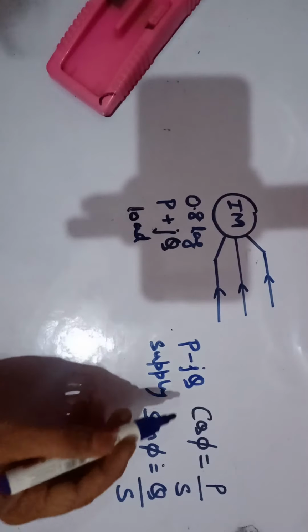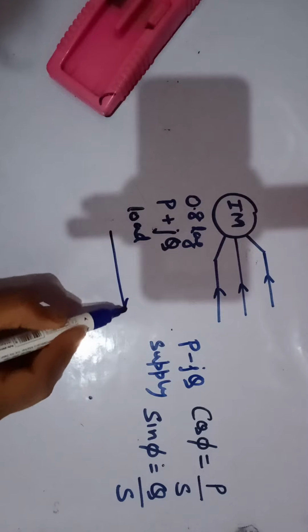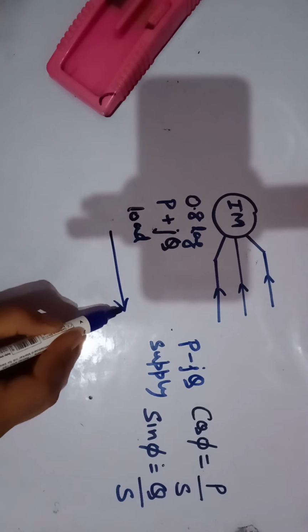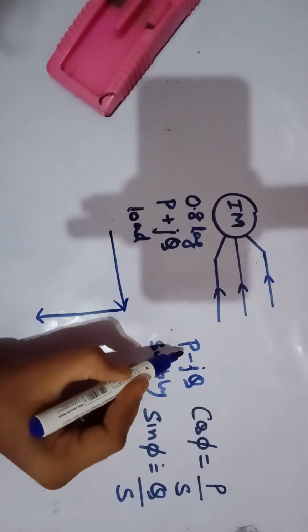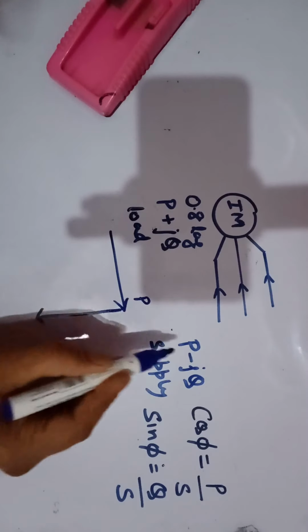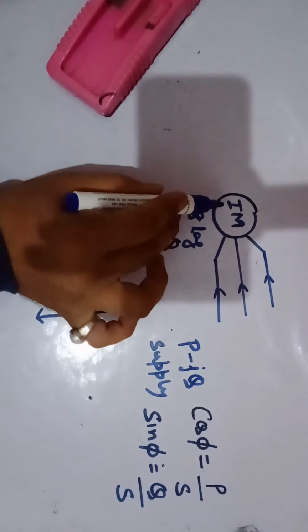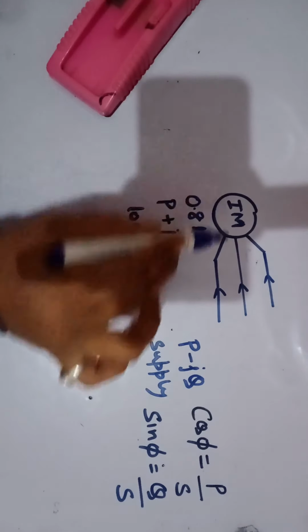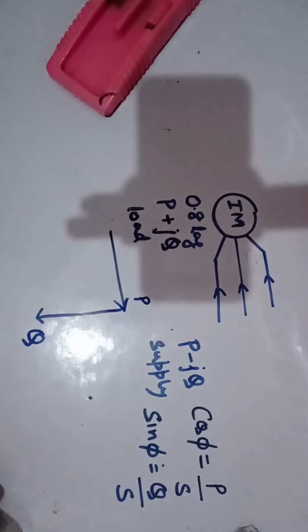Now similarly, if we draw the power diagram, this is your P, that is the rating of your real power that is consumed by your induction motor, and this is Q, that is supplied to the induction motor.